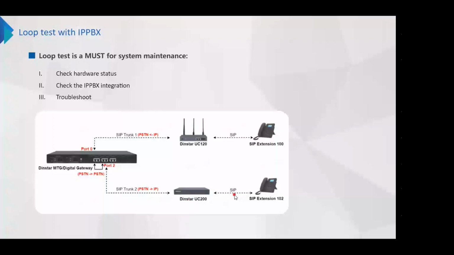If you have any configuration issues or problems, you can always check the points one by one. So it's a very complex but very strong scenario for you to debug the systems. You can check the E1 or T1 connection, hardware failure, software failure, or integration with the IPBX.